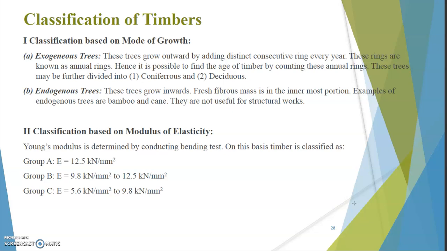Even any hard material will have a certain value of elasticity modulus. Based on that elasticity modulus value, there are types of timbers, like group A, where the elasticity modulus will be up to 12.5 kilonewton per square, then group B and group C. So why is such a modulus of elasticity based classification of timbers useful?